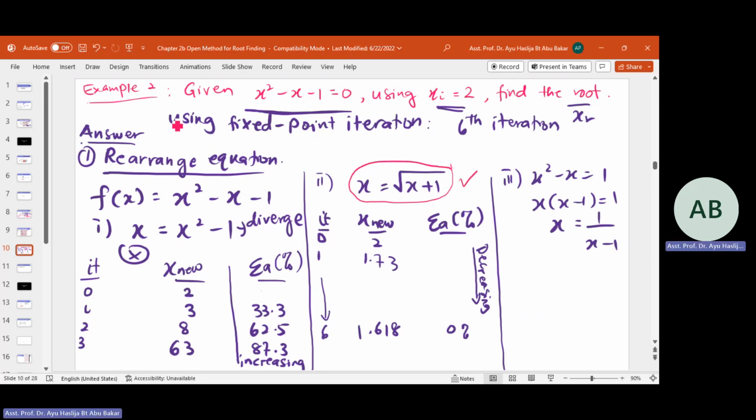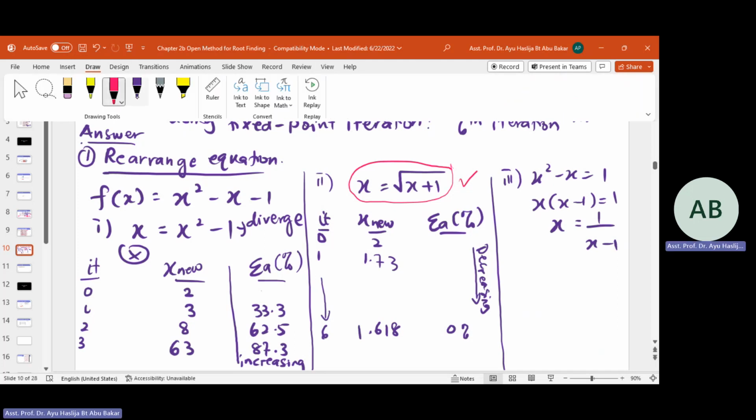Just try the third equation, whether this equation can be used or not. Is it diverging or converging?